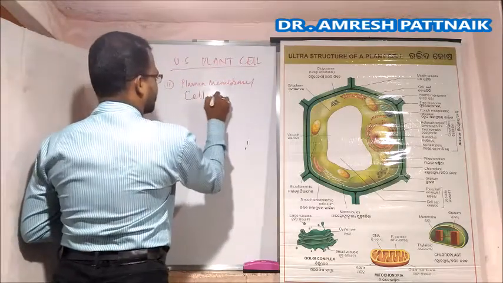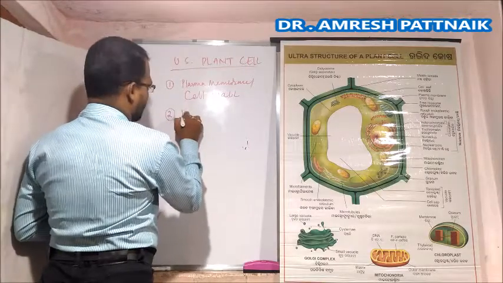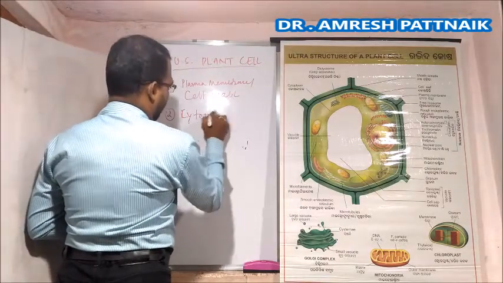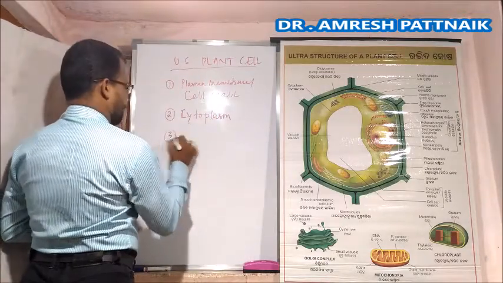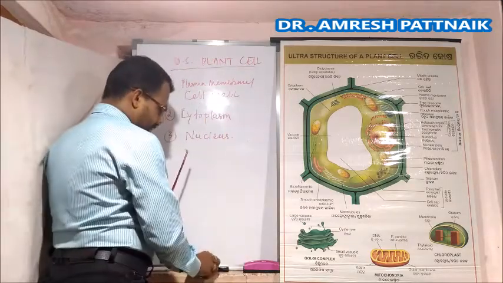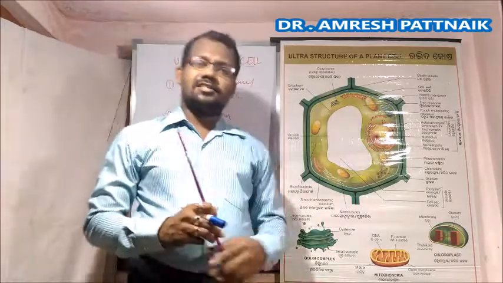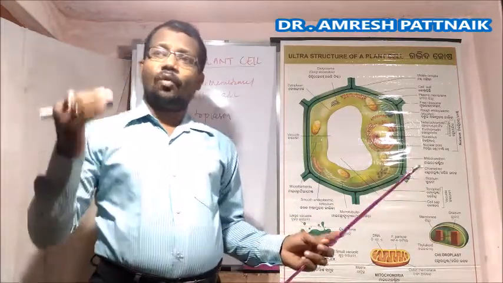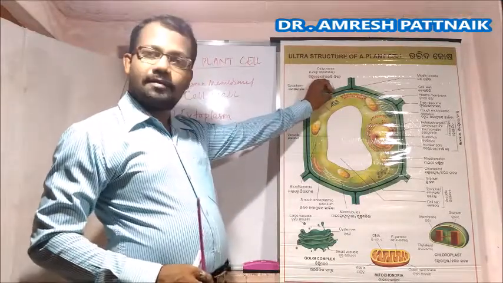Here it is cell wall, cytoplasm, nucleus. The total cell is divided into three distinct parts. One is the cell wall, the upper one.